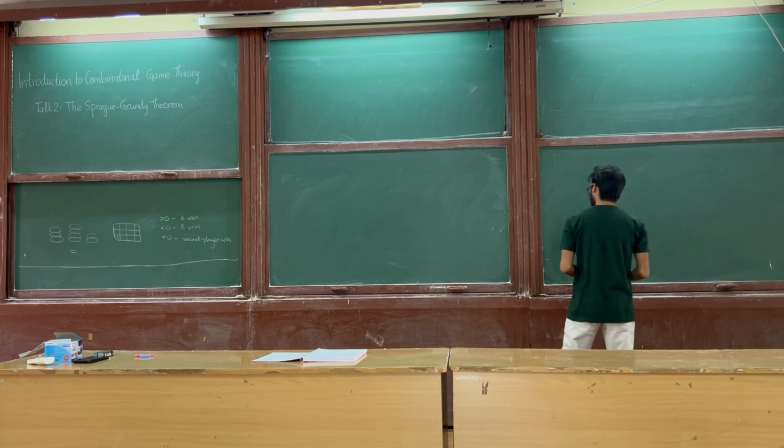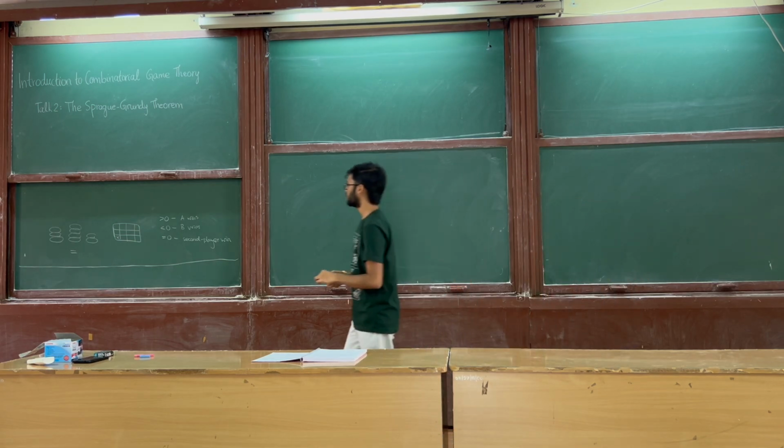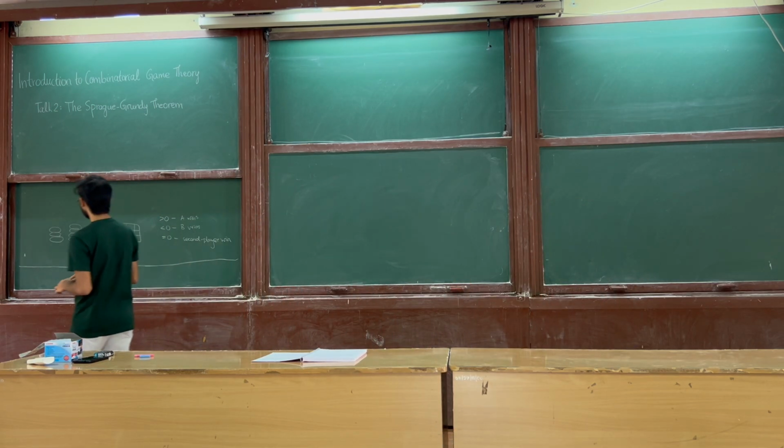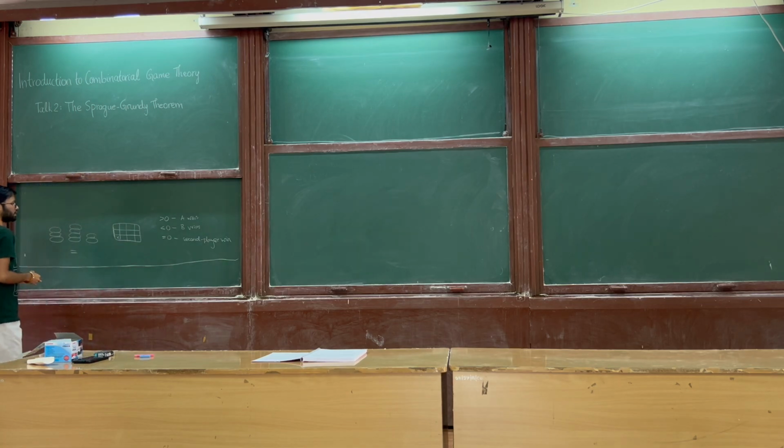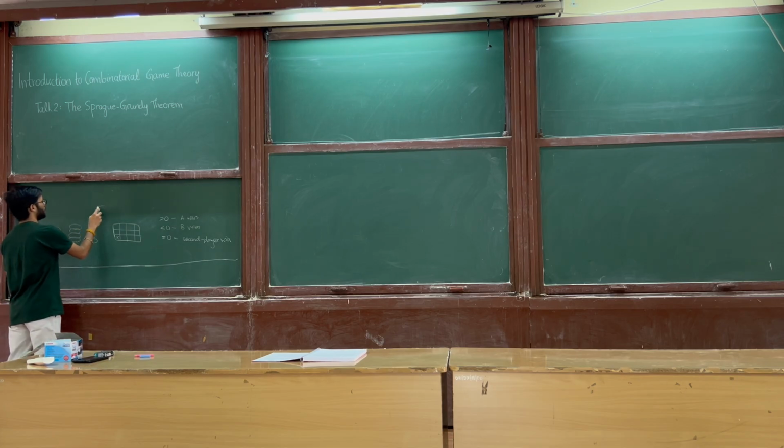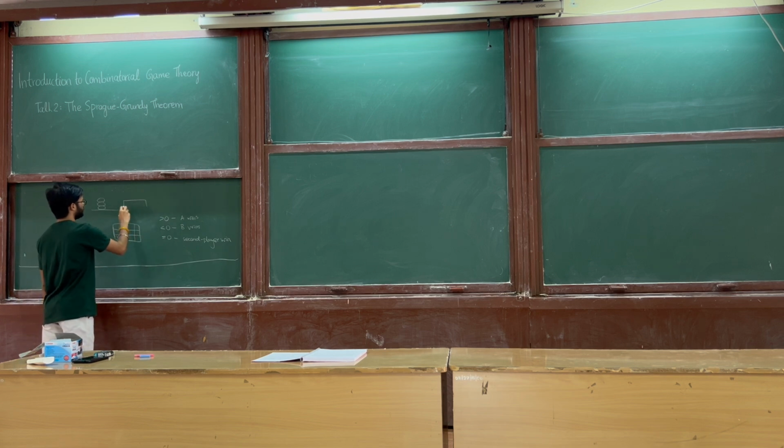Another advantage of this approach is that if I have two positions that are in some sense really the same, in fancier jargon isomorphic, for example, let's say I have a Nim position of 3 coins, and let's say I have a Chomp position.